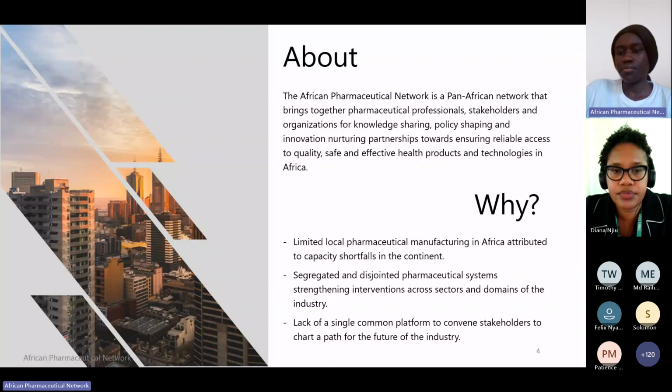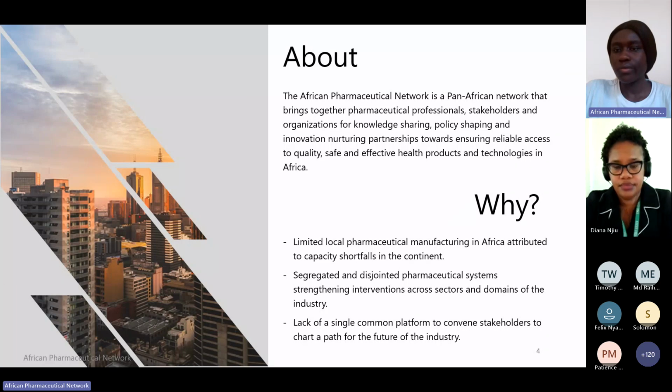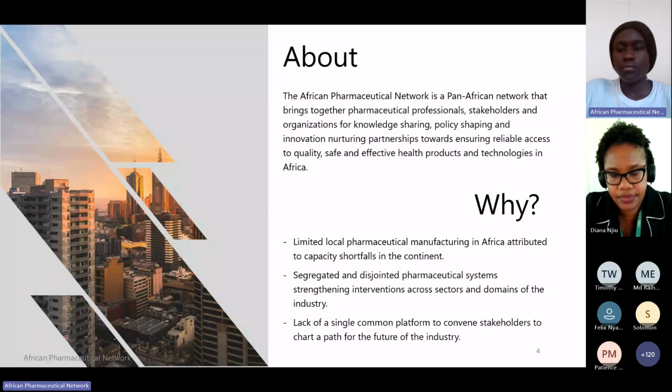And how we do this is by sharing knowledge, bringing the professionals together to share knowledge and best practices, because one of the things that was highlighted as a challenge in the local manufacturing plan for Africa was that there's a skills gap that needs to be addressed in Africa within the pharmaceutical sector.